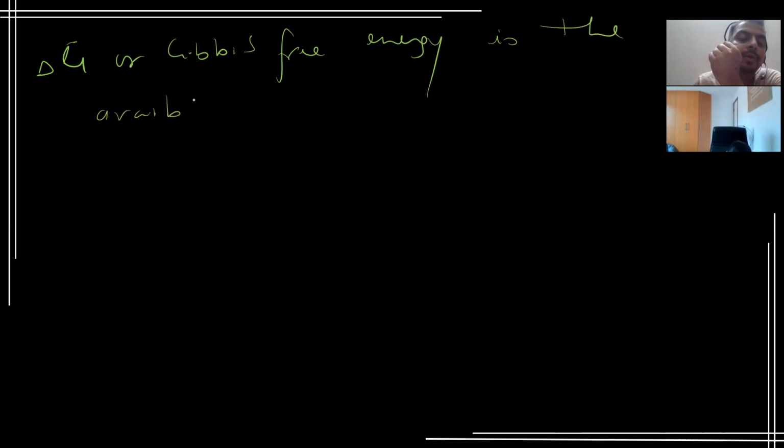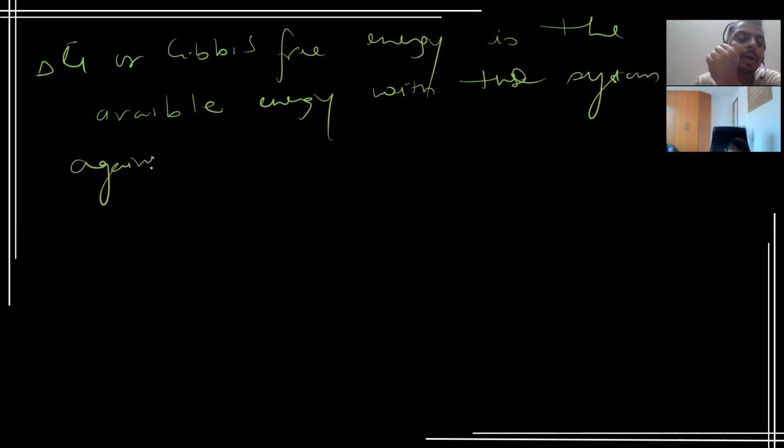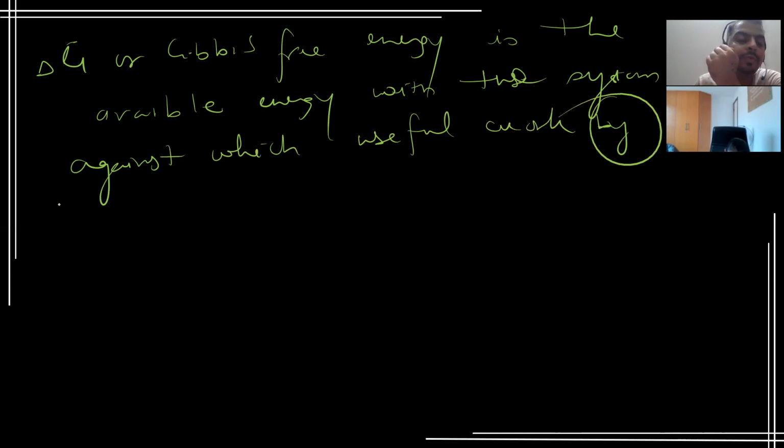The G, delta G or Gibbs free energy, is the available energy with the system against which useful work by the system could be attained or derived.